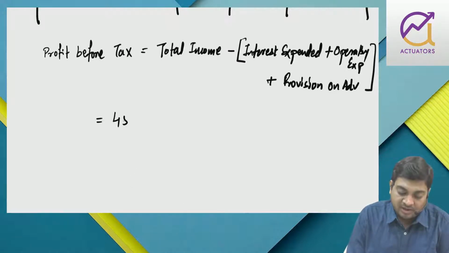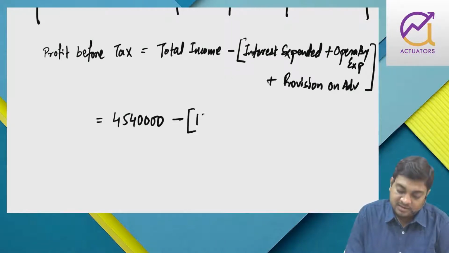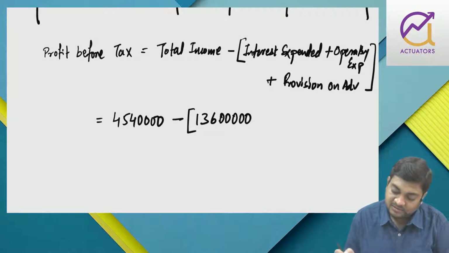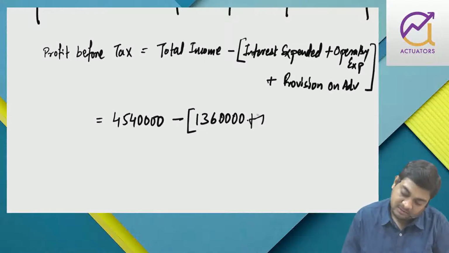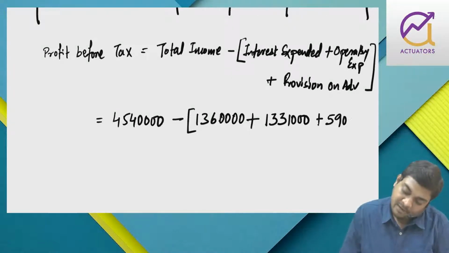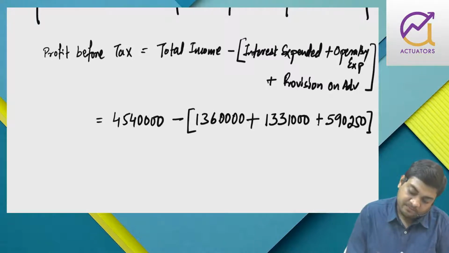So it is 45 lakh 40,000 minus 13 lakh 60 plus 13 lakh 31, 590,250.